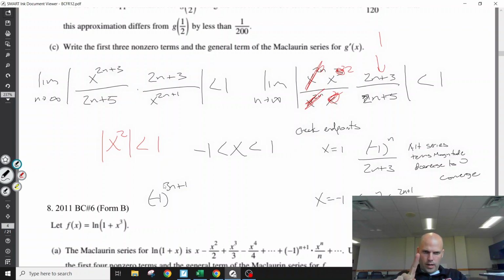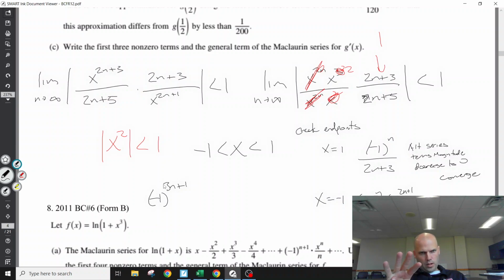If I plug in 1, I get 4. If I plug in 2, I get 7. That alternates. If I plug in 3, I get 10. Plugging in 1, I get 4 positive. Plugging in 2, I get 7 negative. Plugging in 3, I get 10 positive.